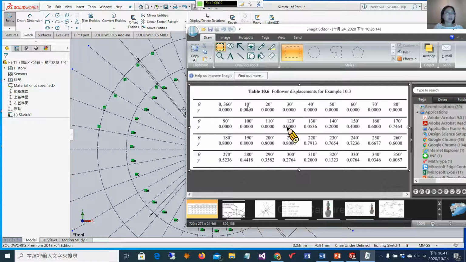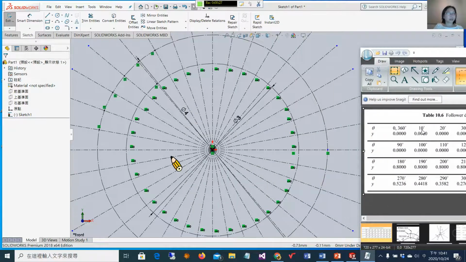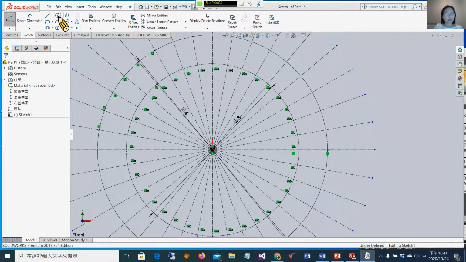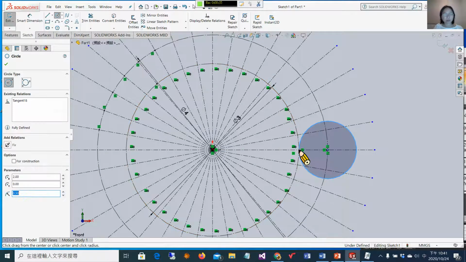So its center is on the prime circle. I draw a circle here. Its radius is 0.5 inches. These circles will be tangent to the base circle.